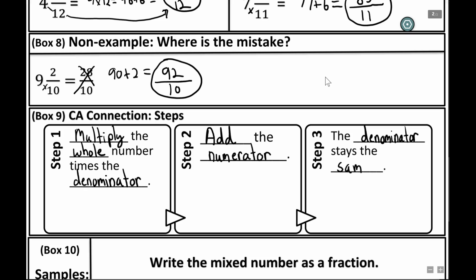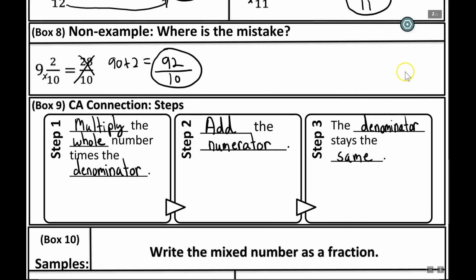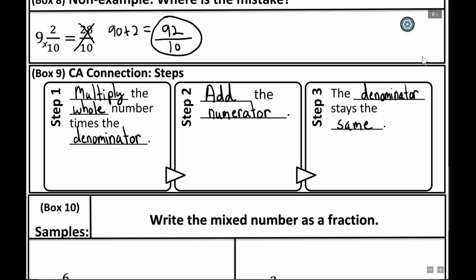Okay, we don't want to change the denominator. We'll never change it, at least not yet. Okay. So the steps one more time. Multiply the whole number times the denominator. We add the numerator. The denominator stays the same.